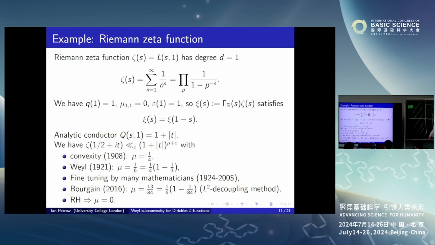We're still very far away from proving the Riemann hypothesis, or the Lindelöf hypothesis, which follows from the Riemann hypothesis, which says that actually you can put a 0 right here. If you want to know more about exactly what you can prove about the size of the zeta function under the Riemann hypothesis, you can go to Andre's talk next week on Tuesday, who will tell you more about it.